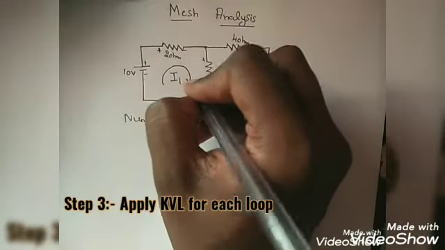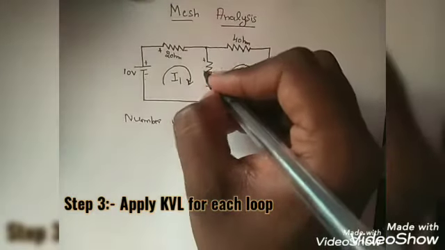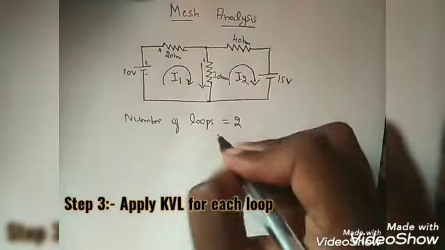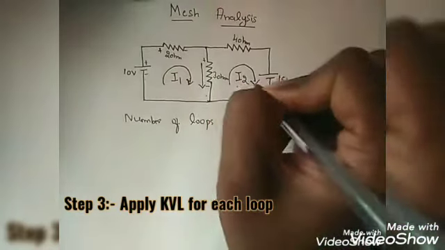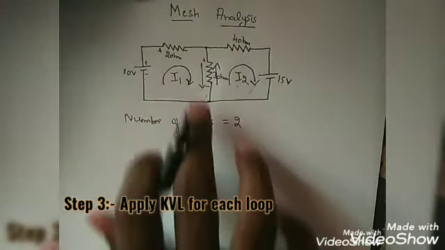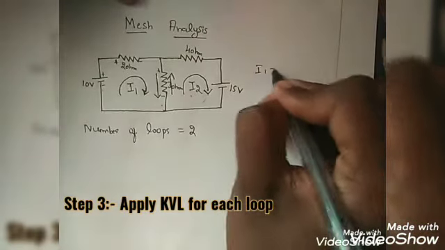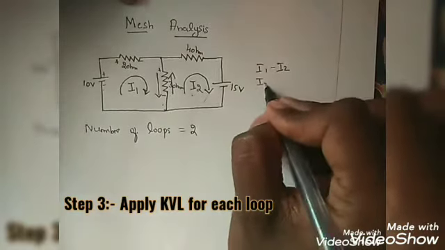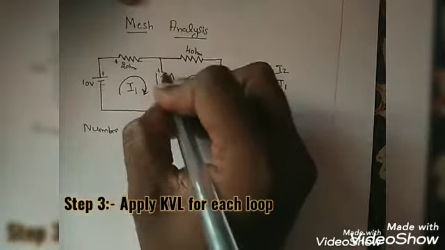One important thing we have to observe is that here the current is flowing downwards, while if we consider the other loop, the current is flowing upwards. So the net current will be I1 minus I2 or I2 minus I1. This is the net current here.